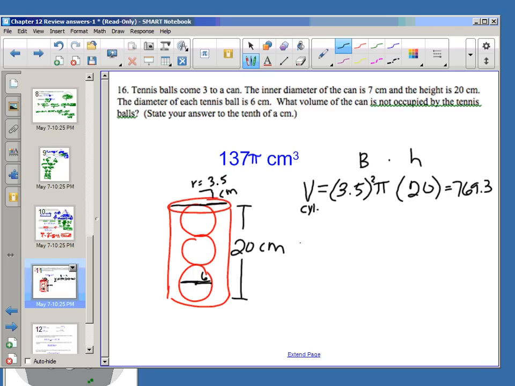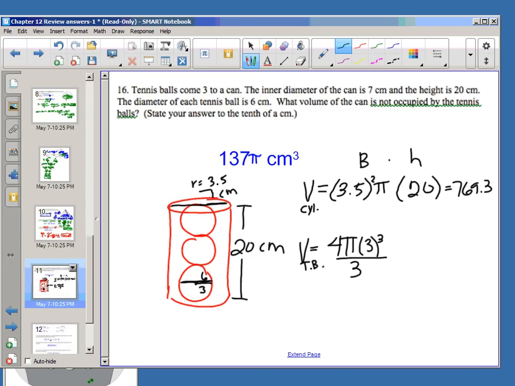Now I'm going to find the volume of each one of the tennis balls. I'm just going to find the volume of one first. If the diameter is 6, that means the radius is 3. They're in the shape of a sphere, so it's going to be 4 pi r cubed divided by 3.